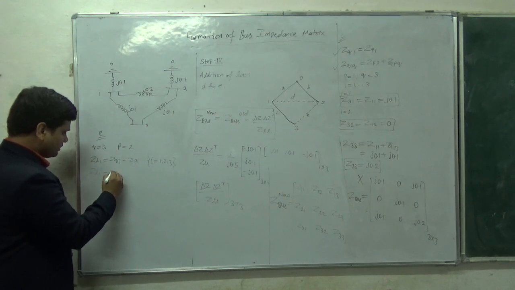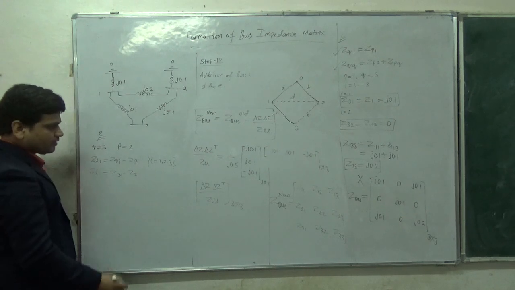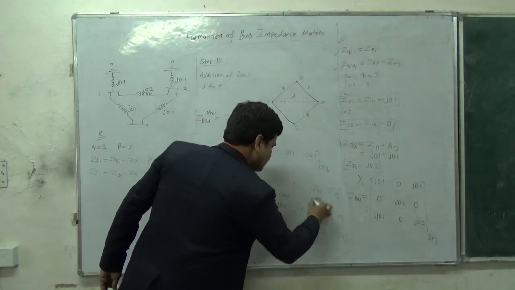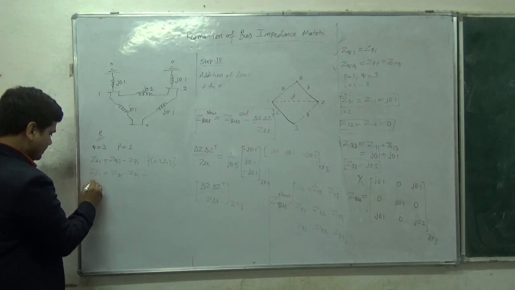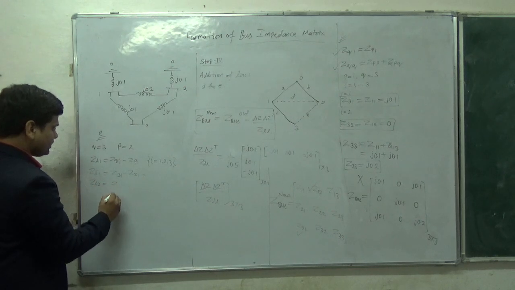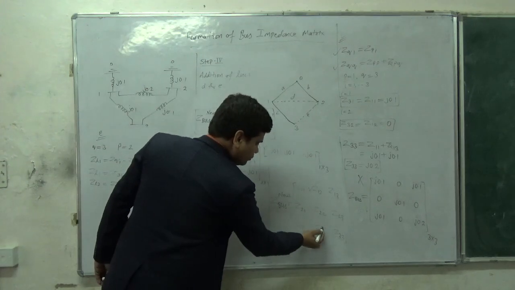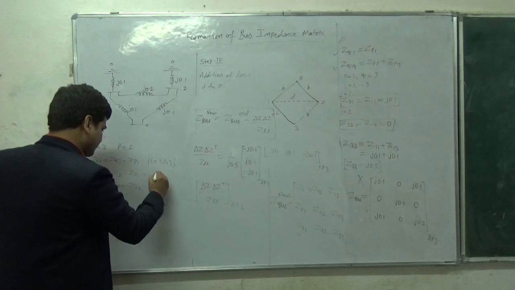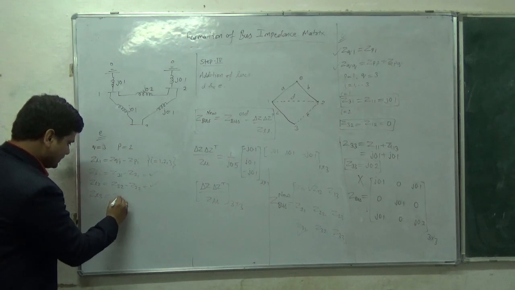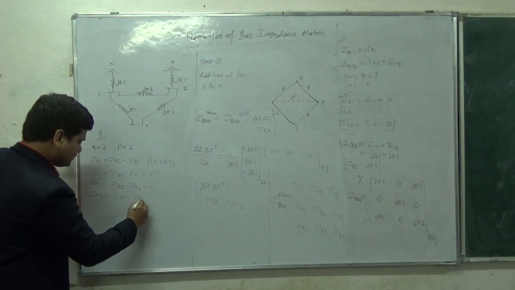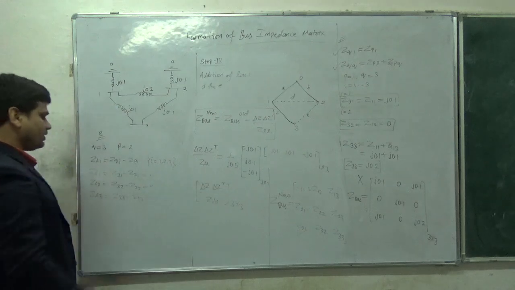ZL1 is equal to Z31 minus Z21. You need to pick the values from here. You will get something. Then ZL2 is Z32 minus Z22. Pick the values from here. Then ZL3 is equal to Z33 minus Z23. You will get the values from there.